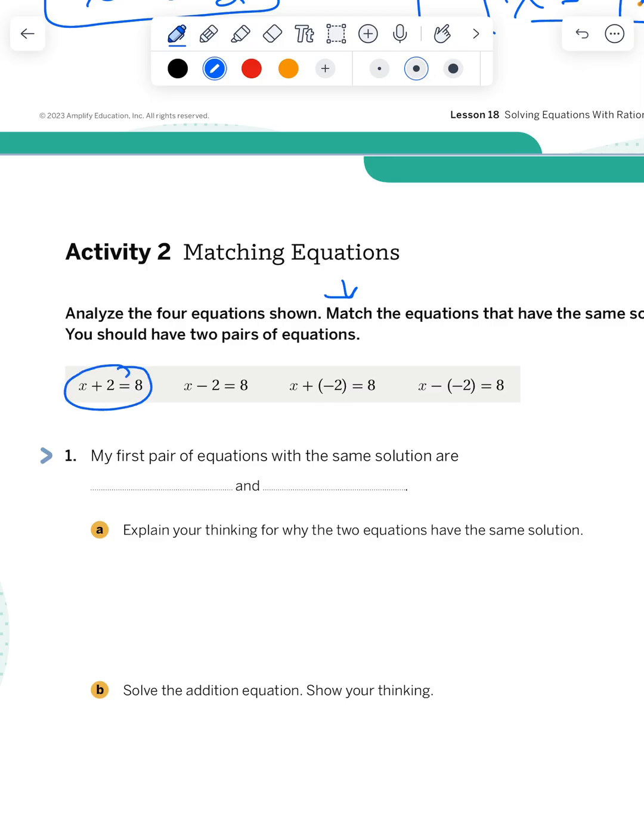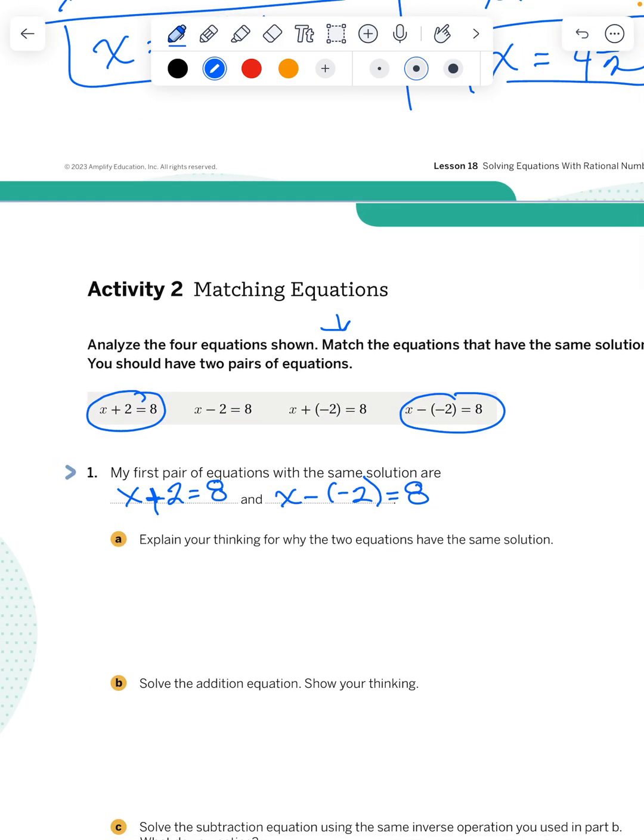Okay, I'm going to start with this one just because it's the first one. My first pair of equations with the same solution: x plus 2 is 8. We could say that is the exact same thing as that last one, x minus a negative 2 is 8, because we know that minus a negative, alert, double negative, you change into a positive.